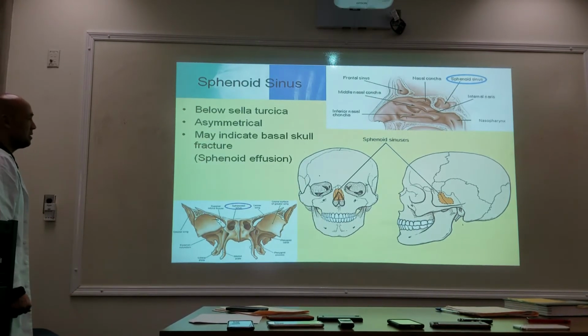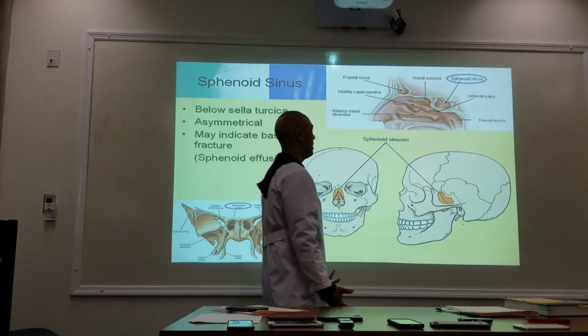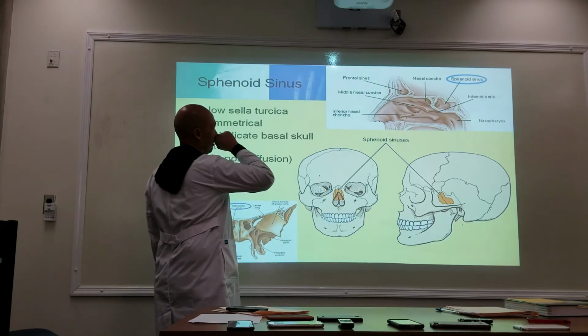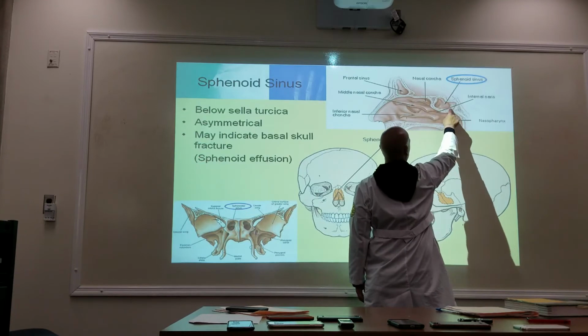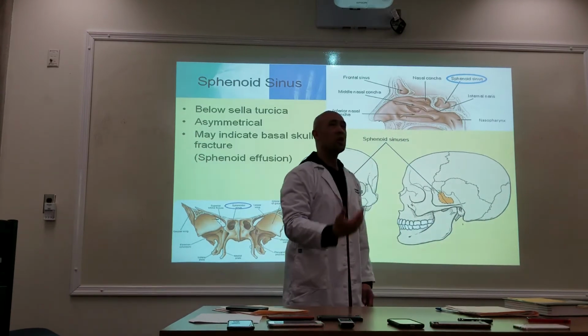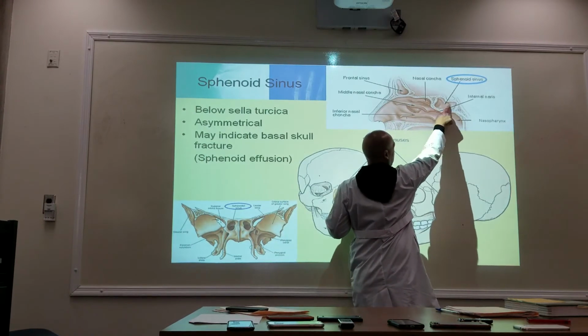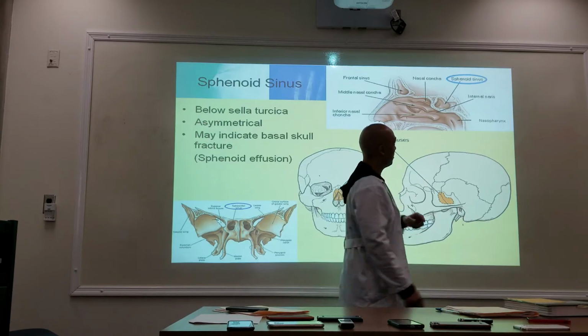Now, this is a good anatomical structure to study, because the sphenoid sinus is surrounded by bone. So if we took a lateral and see fluid levels within the sinus, that's a good indication that there's a basal skull fracture.